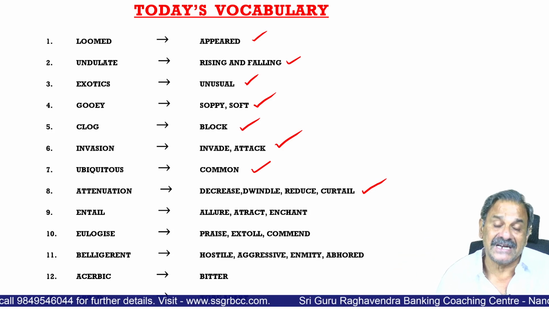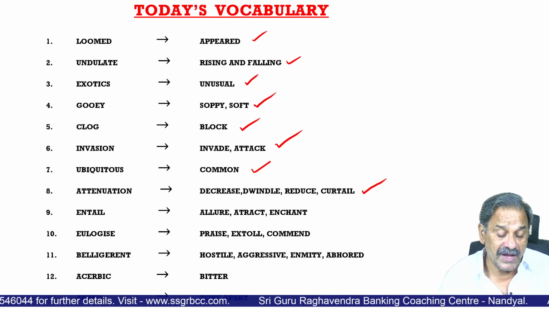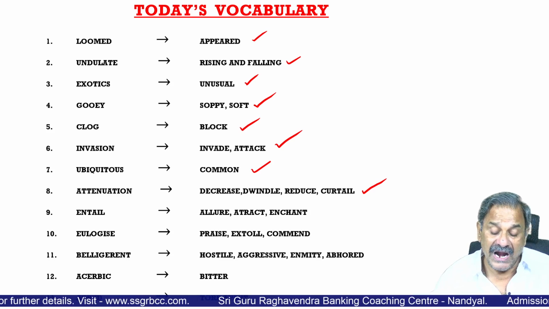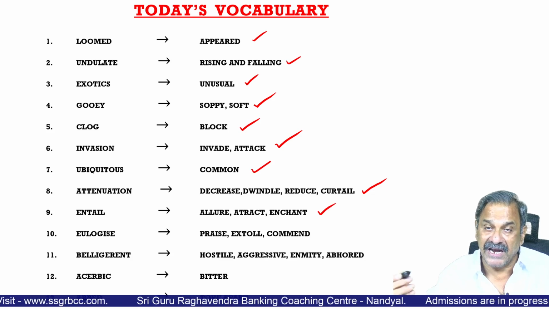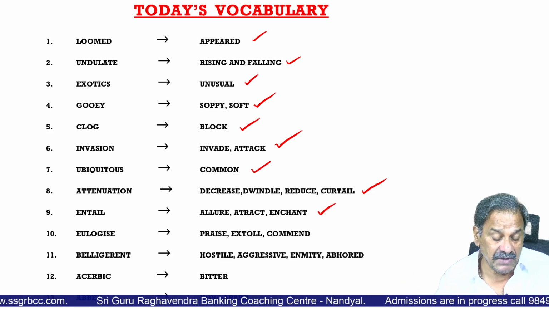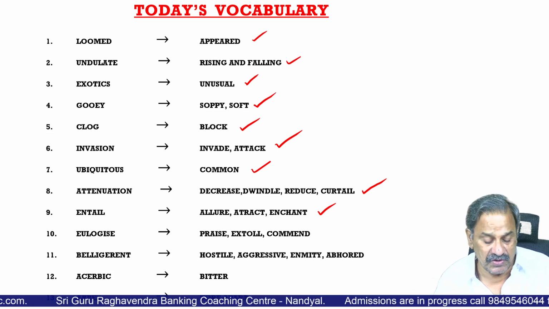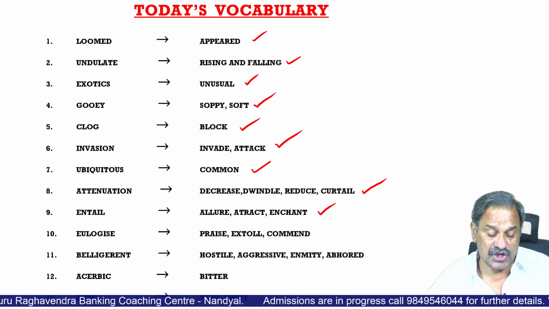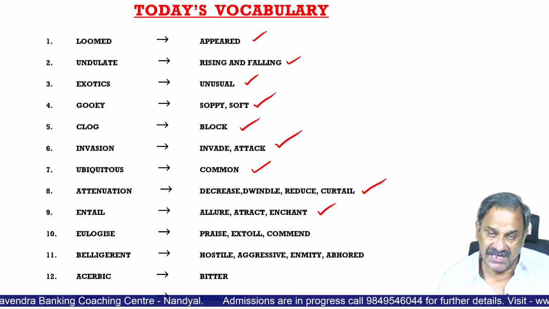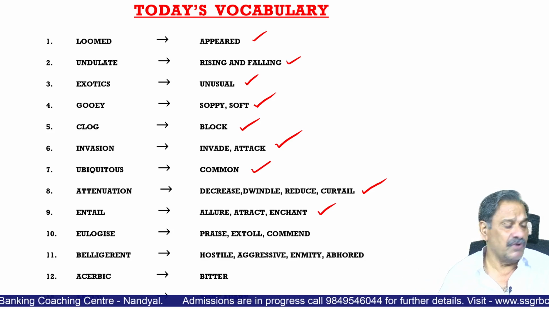Then entile. Entile means attract, allure, enchant, attract చేసుకోవడం. Entile means entice, the same meaning comes. So entile means allure, attract, enchant. Then eulogize. It is a very, very important word. We come across this word so many times.